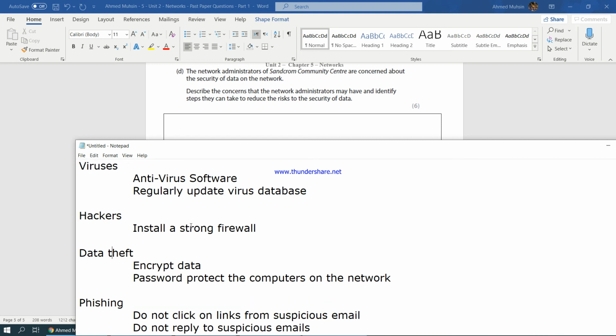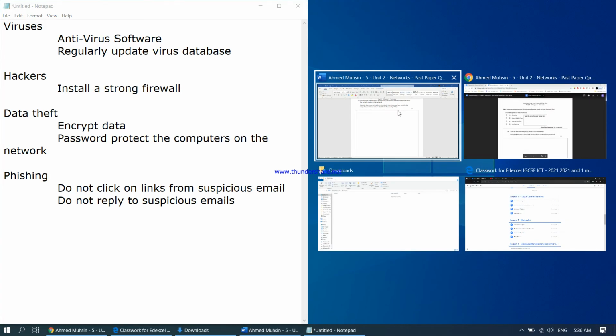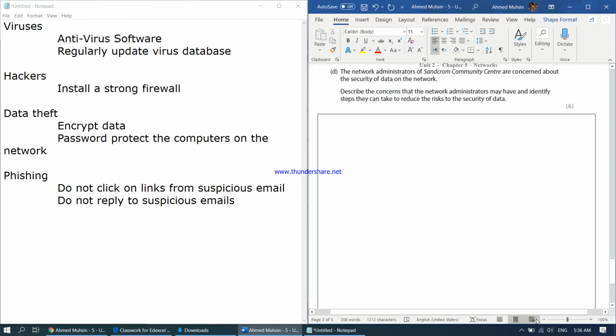Okay, so let's start writing our answer. Let's keep this window on the left and keep this on the right hand side, and we can zoom out.